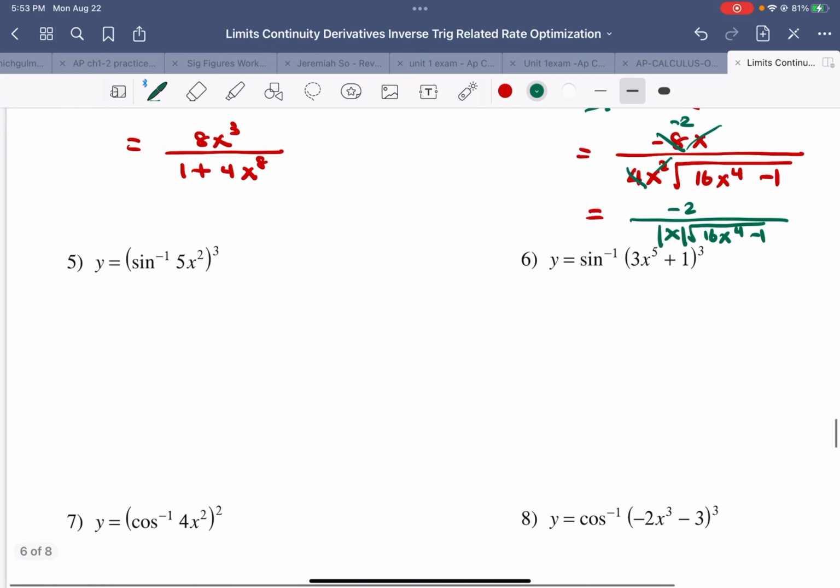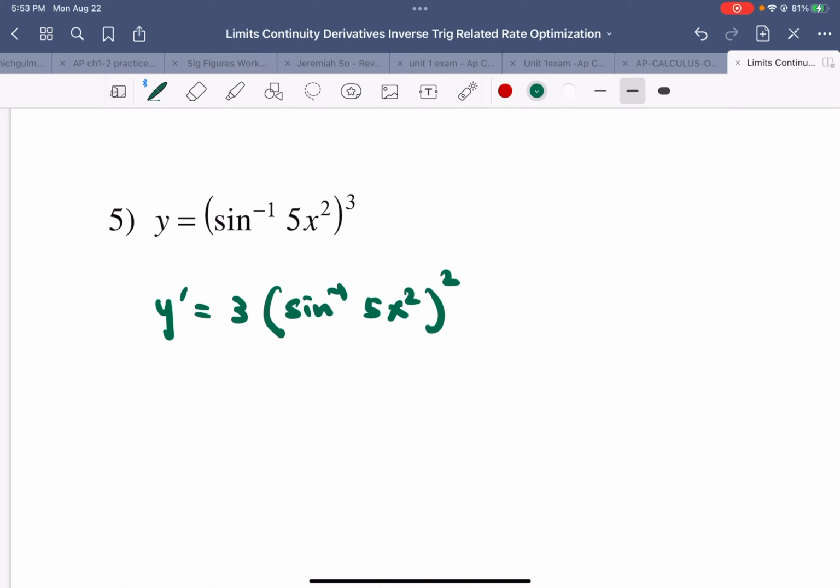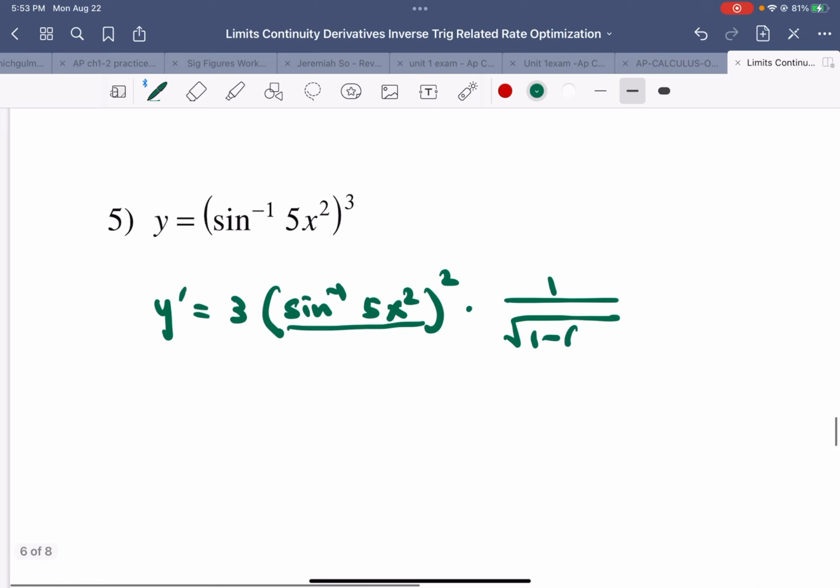Next one, number 5. When you take a derivative, do the power first. So 3 times inverse sine of 5x squared, right? That's the power. Now times the derivative inside, the derivative of inverse sine. So 1 over the square root of 1 minus the inside squared, 5x squared, times the chain rule: the derivative of 5x squared, which is 10x.